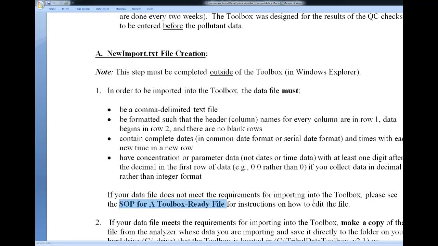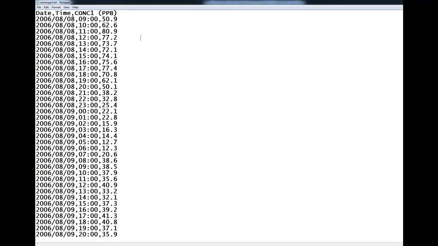So let's look at the file that we have as part of this exercise 4, this new import file. This is data taken off of, I think, a Campbell Scientific data logger from an ozone analyzer. And let's look at the SOP for a toolbox ready file.